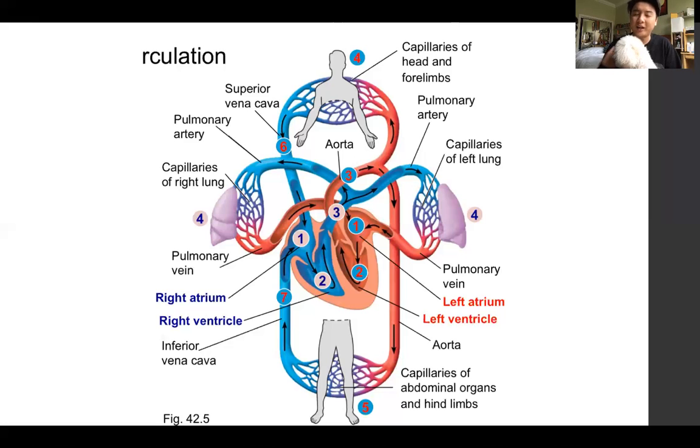It's going to go through the right atrium and right ventricle. And after that, since it's deoxygenated, it's going to want to go back into the lungs, dump out the CO2, and pick up the oxygen again. That completes the cycle and goes back into the pulmonary arteries.